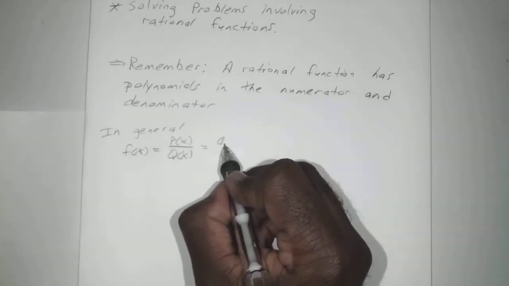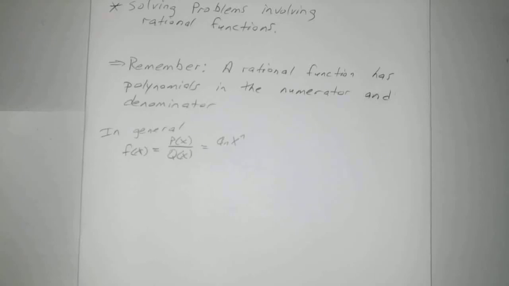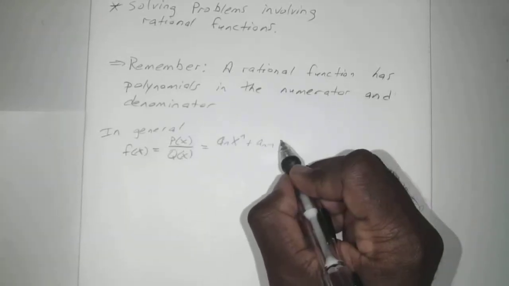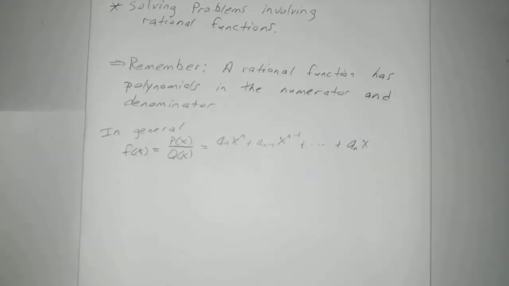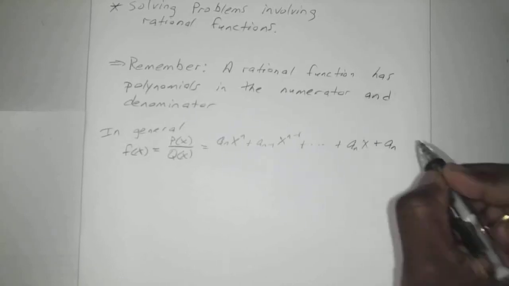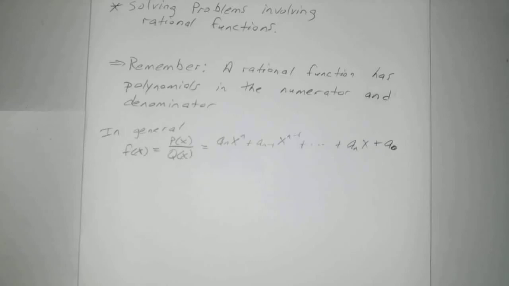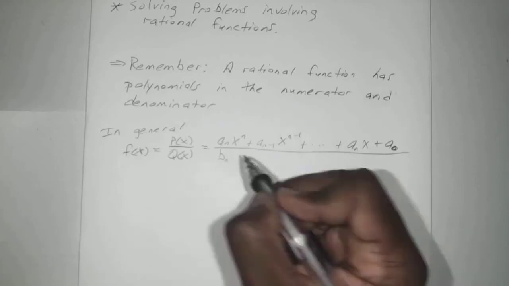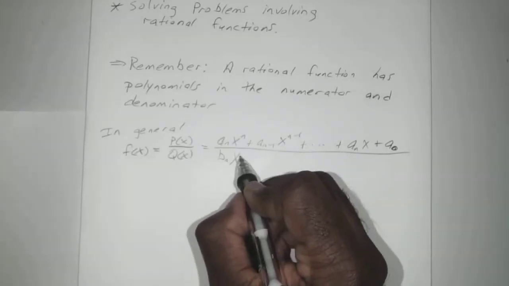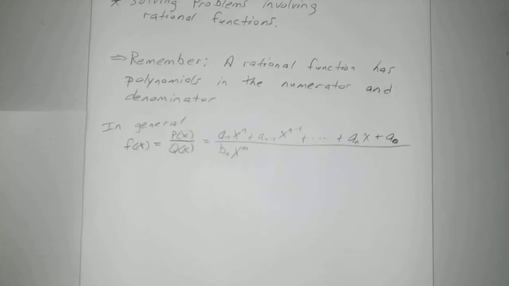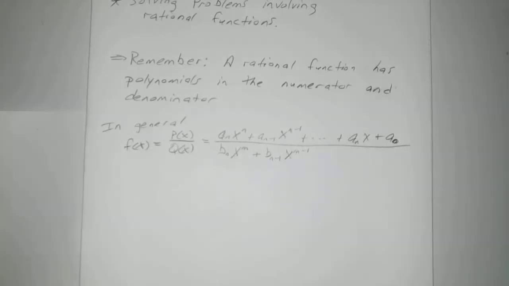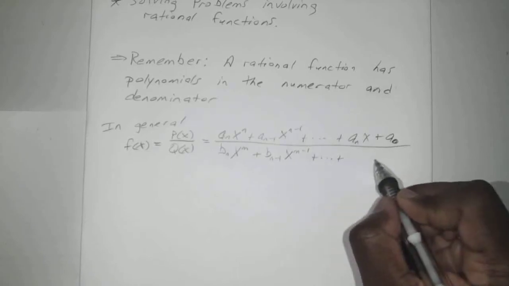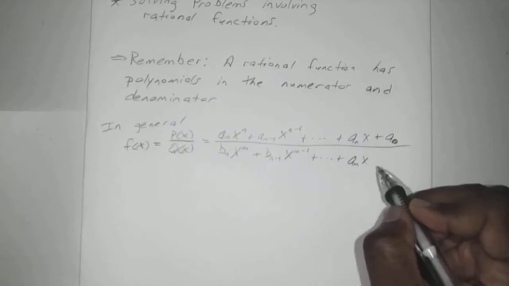Basically it states we have your lead coefficient and exponent plus your second, plus all the way down to your x coefficient and exponent plus your constant coefficient, all divided by another function with possibly different lead coefficient and lead exponent, plus your next coefficient and your next exponent, all the way to your x coefficient and exponent.